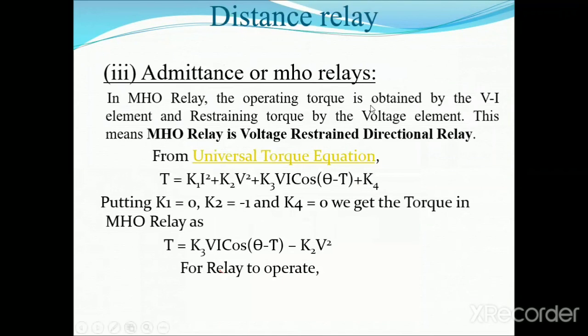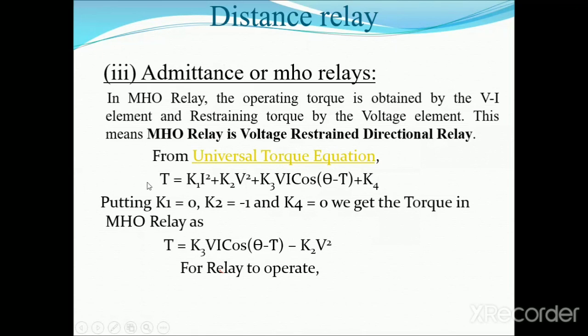In the Mho relay, the operating torque is obtained by the VI element and the restraining torque by the voltage element. This Mho relay is a voltage restrained directional relay.